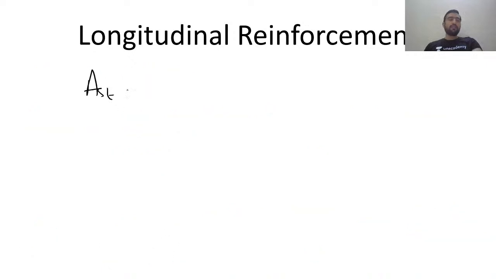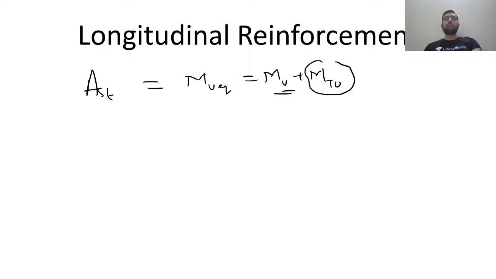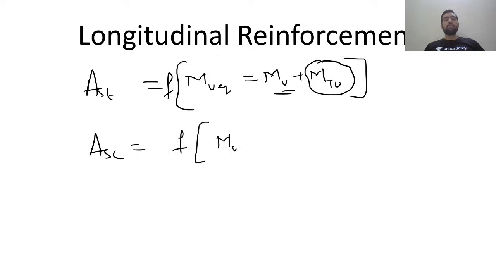Area of steel for the tensile side will correspond to Mu equivalent, or I can say Mu plus Mtu, means the actual component of bending moment plus the torsional component of bending moment, which we are going to add here, and the compression reinforcement is the function of how much? Mu2, means excess bending moment. What is Mu2? Mu2 is nothing but the difference of torsional moment and actual moment.